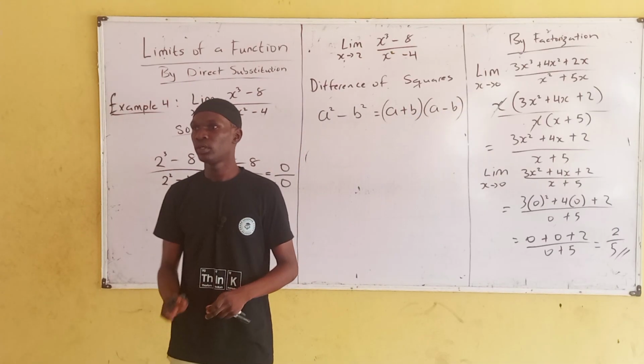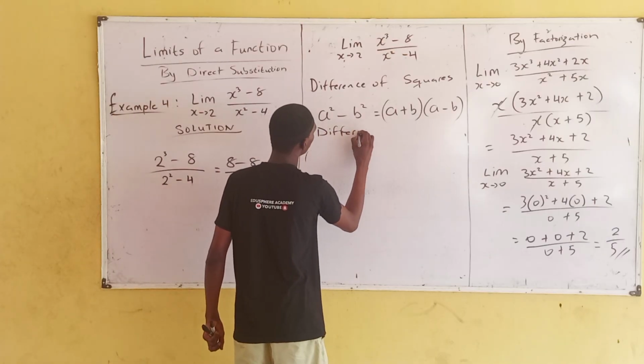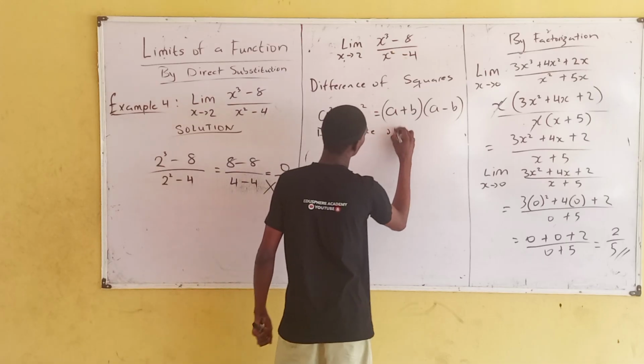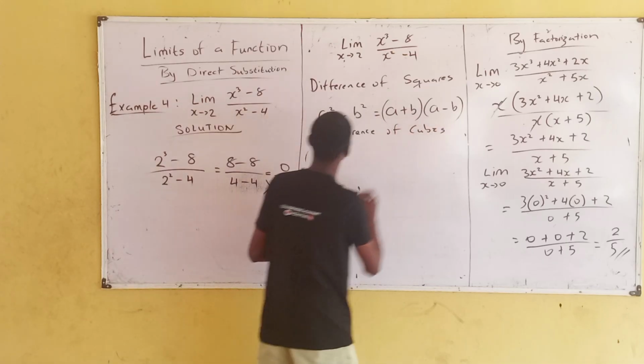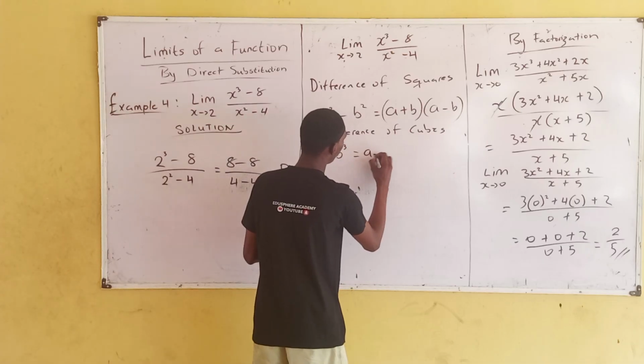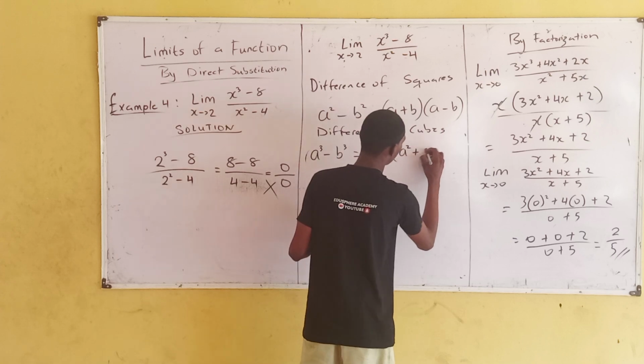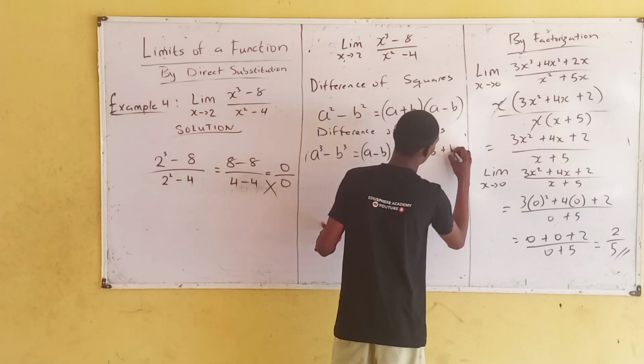The difference of cubes says a cubed minus b cubed equals (a minus b)(a squared plus ab plus b squared).